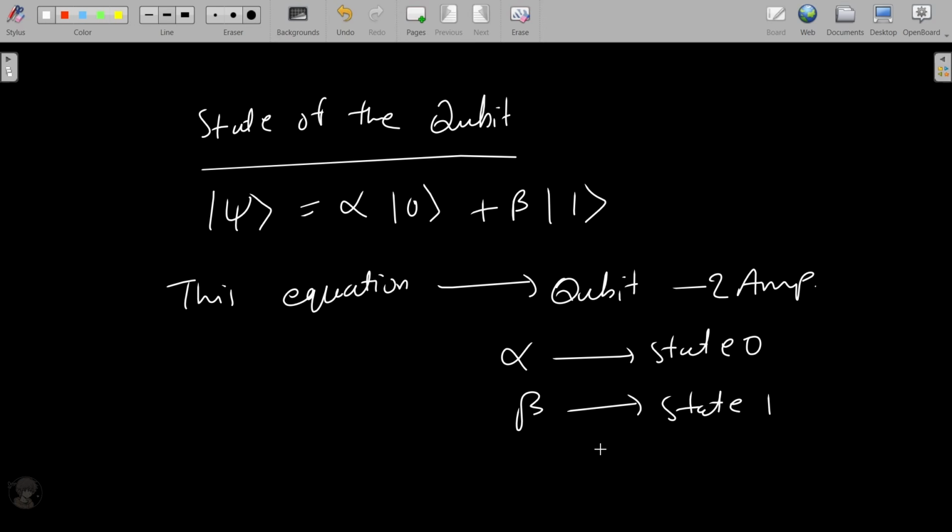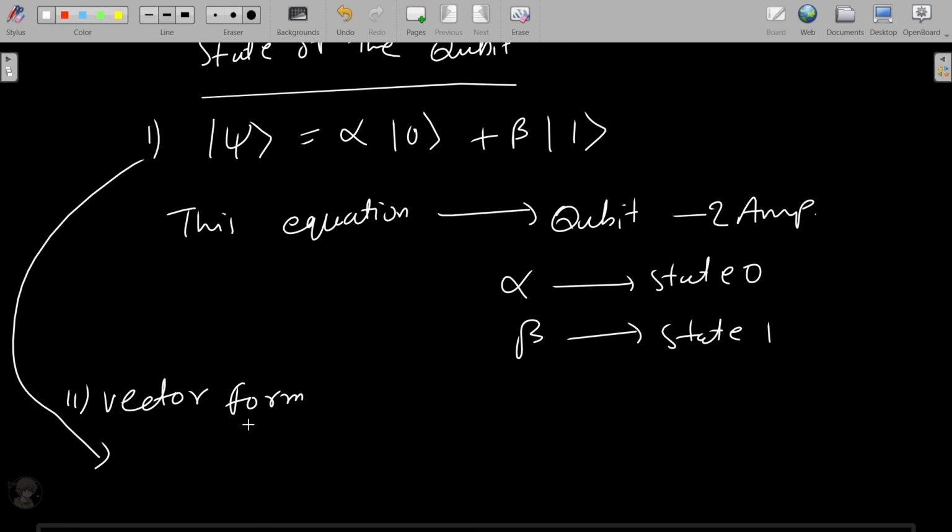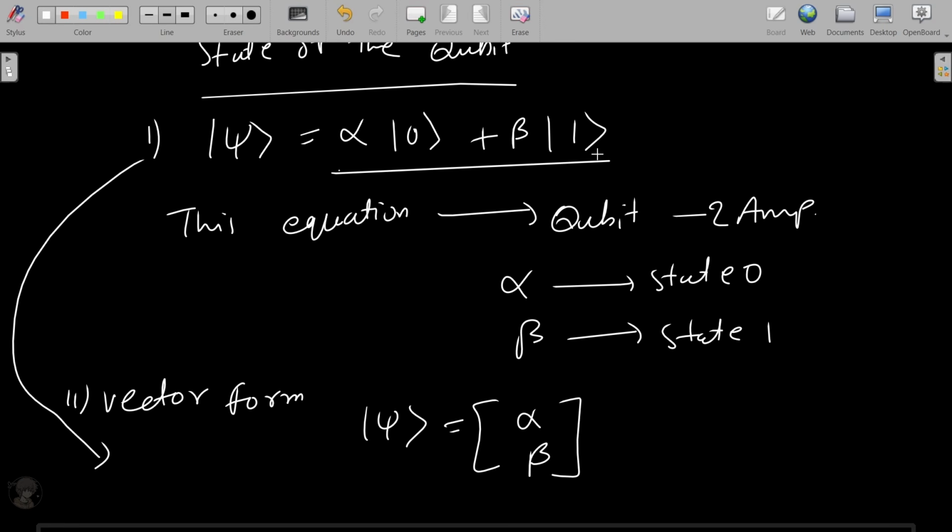Now the second one, the vector form. This is the exact same state written as a vector.